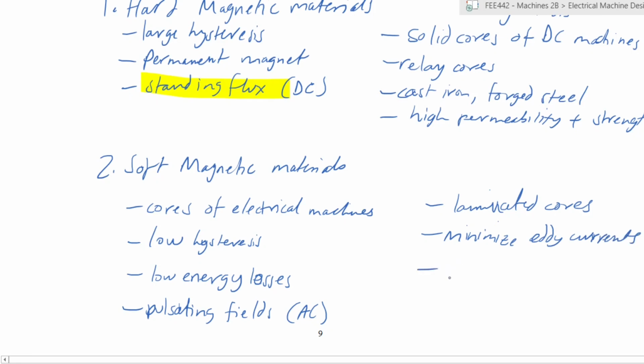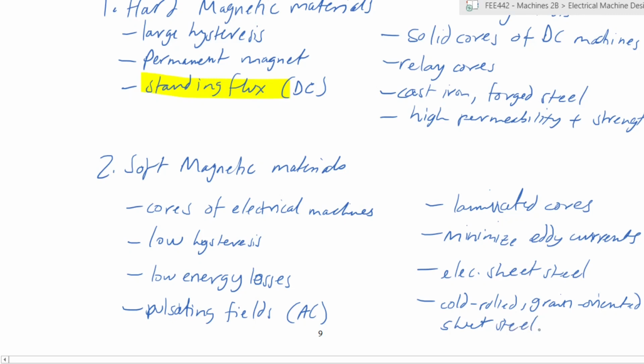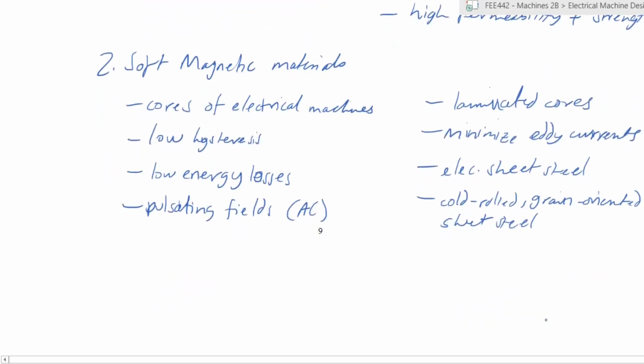And these generally are electrical sheet steel or cold rolled grain oriented sheet steel. So those are the main properties of magnetic materials.